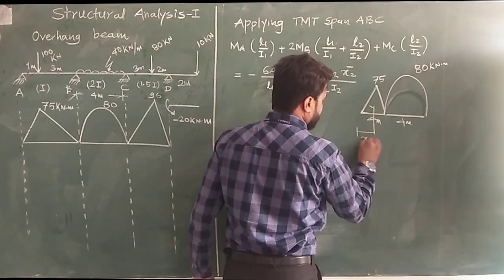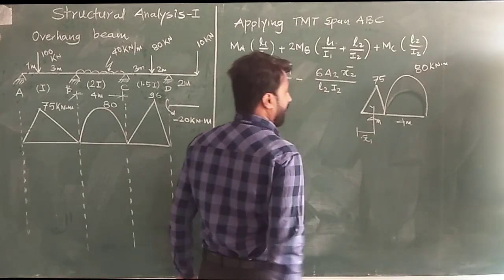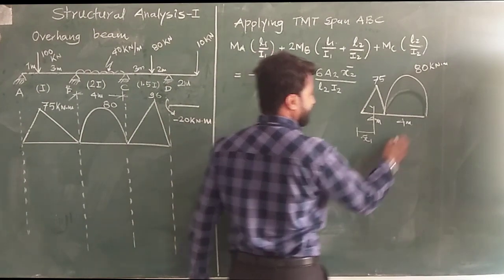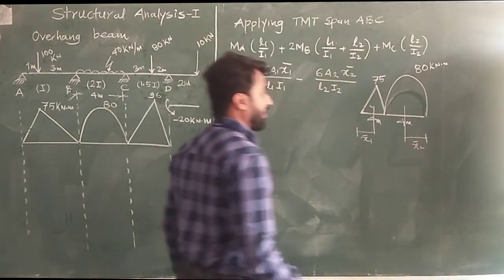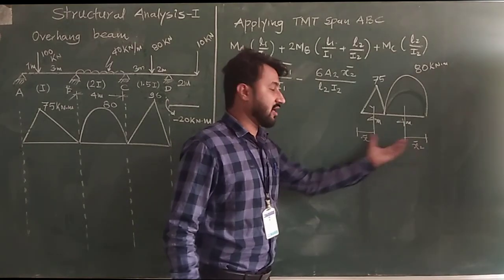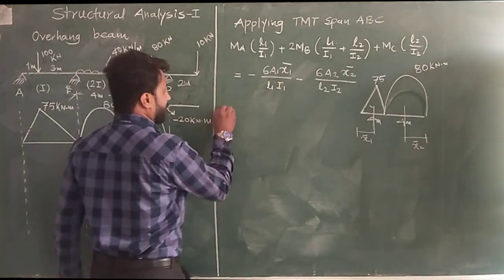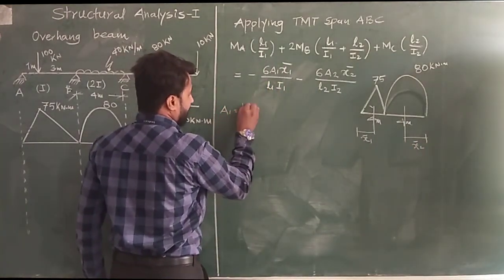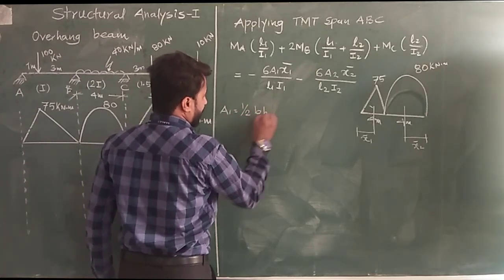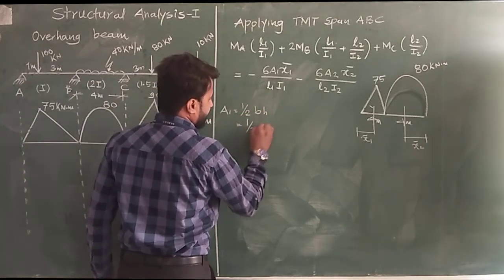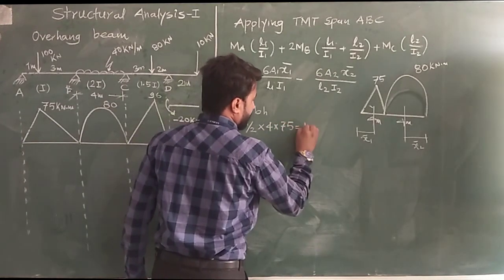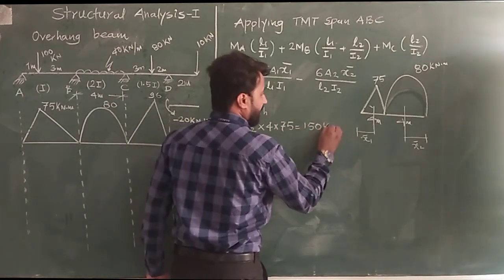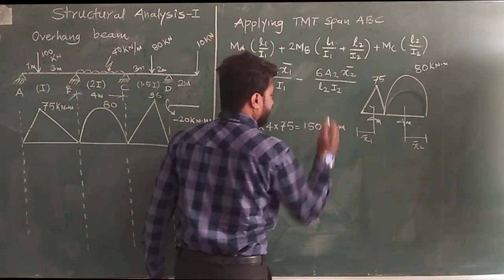This is the center of gravity of the first bending moment diagram from the left hand side, and this is the center of gravity of the second bending moment diagram from the right hand side. So that value we have to calculate one by one. First, area 1 is half base into height, where base is 4 and height is 75, so it is equal to 150 kilonewton meter square.